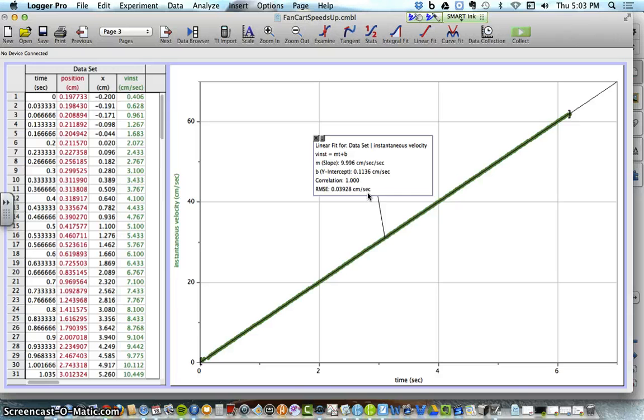Okay? So your equation is going to be V instantaneous for instantaneous velocity equals, it looks like 9.9, so why don't I just call it 10 centimeters per second divided by seconds, okay? So you definitely want to try to figure out what this means. That's pretty cool. And then times time. And then it looks like 0.1, so I'm going to say plus 0.1 centimeters per 1 second, okay?